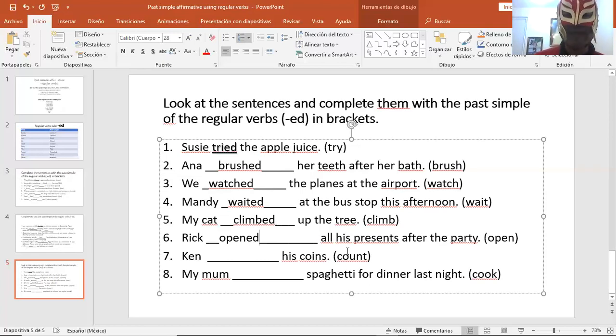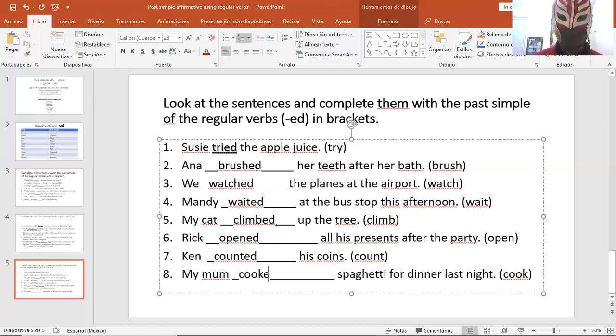And number 7, count. The past simple of count is counted. Ken counted his coins. And number 8, cook. The past simple of cook. Cook is a regular verb. So the past simple is cooked. My mom cooked spaghetti for dinner last night.